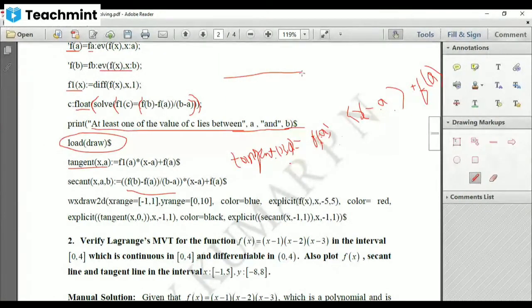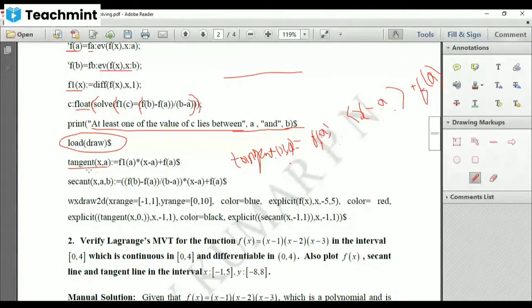It is a straight line like a tangent, but the slope of this secant is f of b minus f of a divided by b minus a. So instead of f1 of a, we are considering f of b minus f of a divided by b minus a. That gives you the equation of the secant.